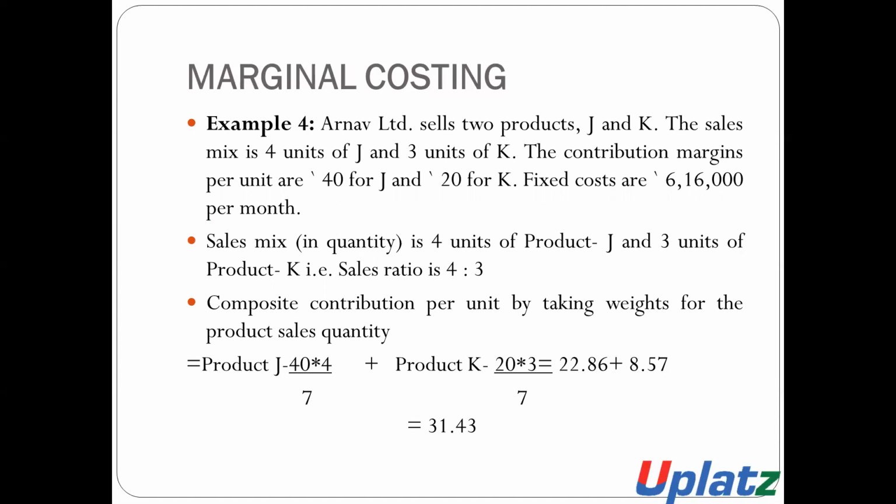The sales mix in quantity is 4 units of product J and 3 units of product K, so the sales ratio is 4 to 3.